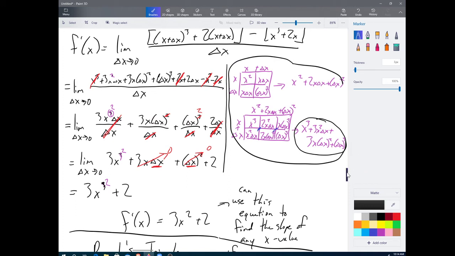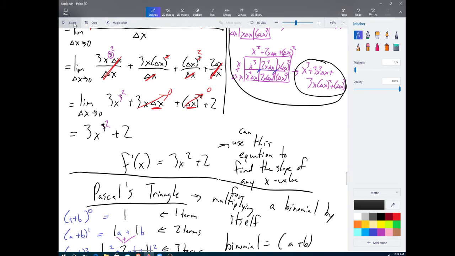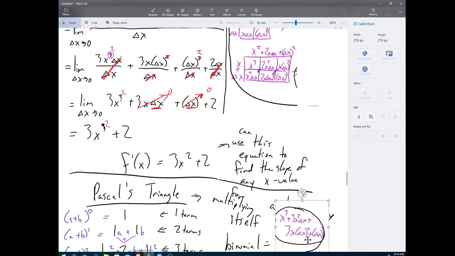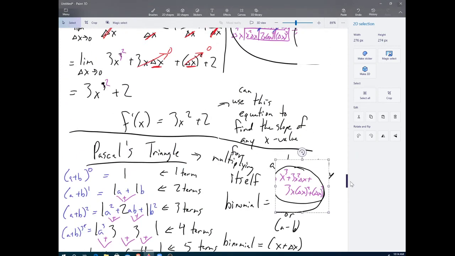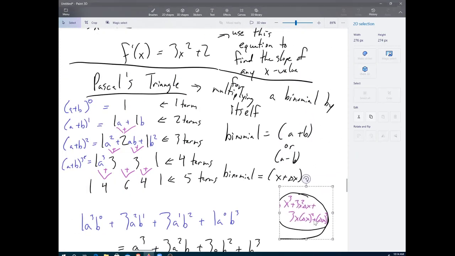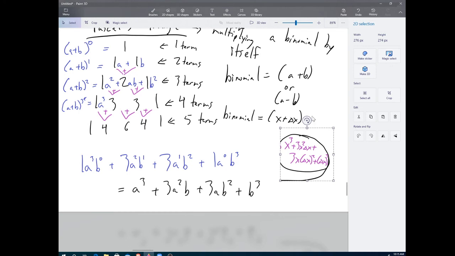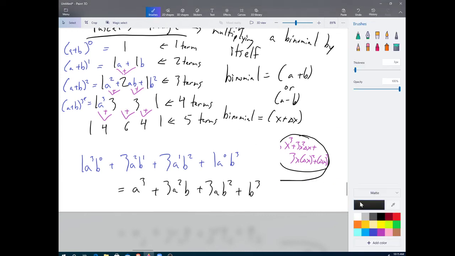Instead of b's, I'm using delta x's. Let's copy that. And let it catch up to me. There we go.